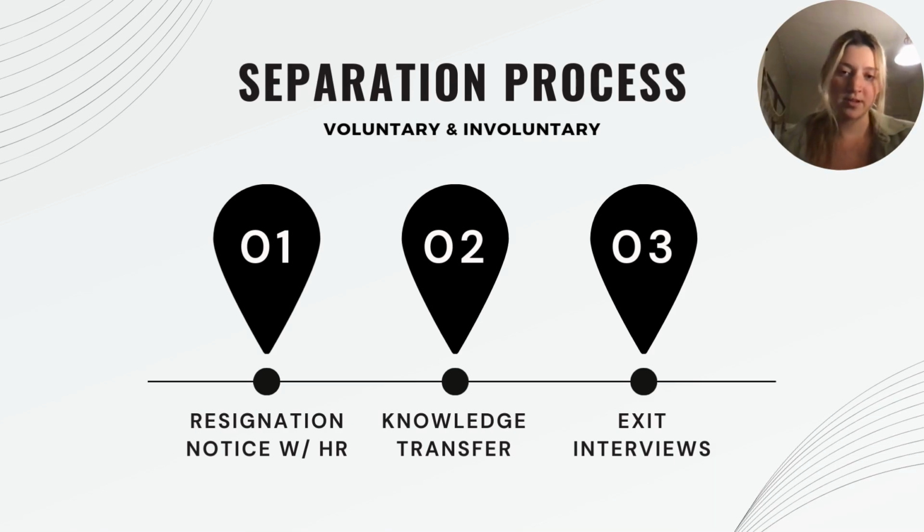Now, the separation process is a little bit different for voluntary and involuntary separation, but we'll typically start with a resignation notice with the human resource team. That will help prepare for a smooth exit. Employees should complete their ongoing projects and transfer their knowledge to their coworkers so that none of the processes are disrupted after they leave.